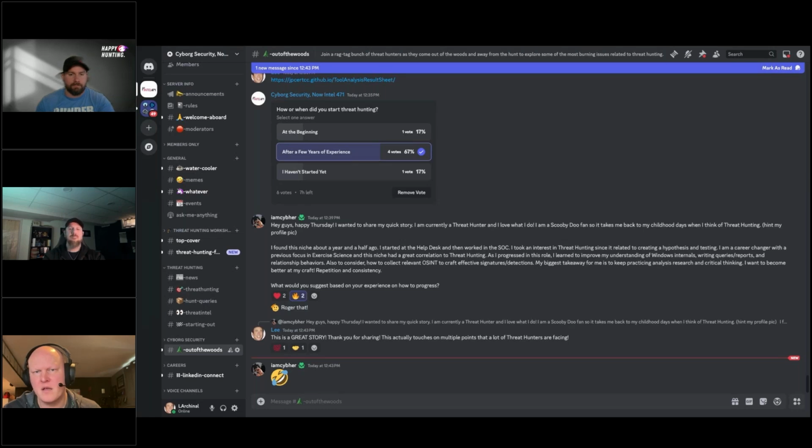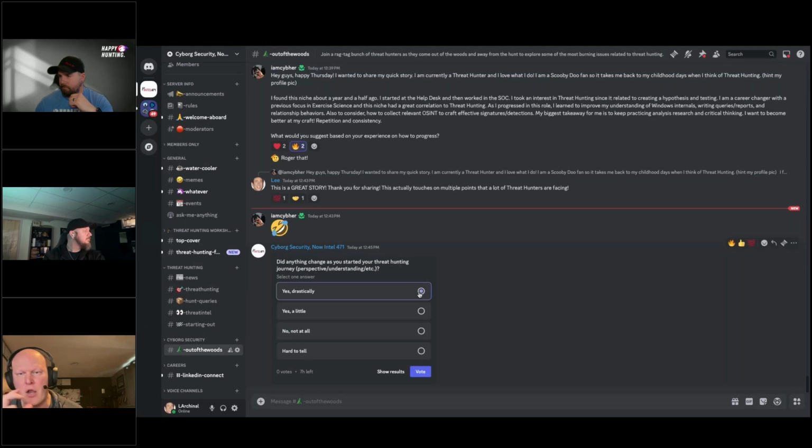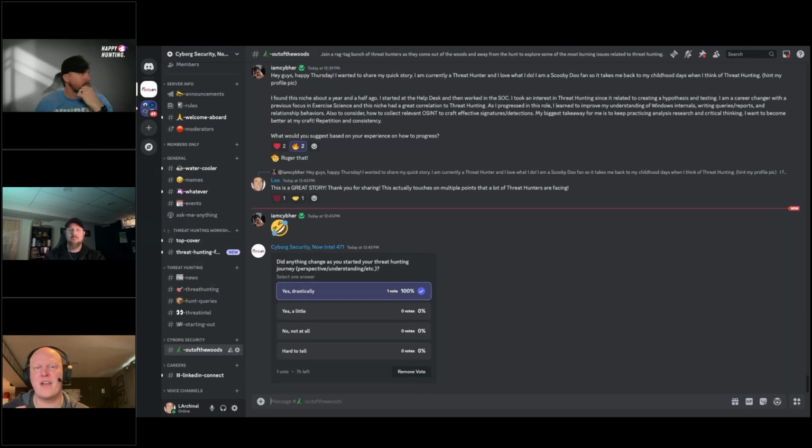Yeah, I think it's kind of similar: I just started looking at security differently. I remember starting out and not really knowing how to handle threats, how to understand attackers, all those types of things. I was hyper focused on finding the right indicators because they're the easiest thing to search on.